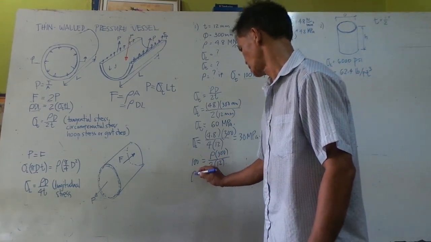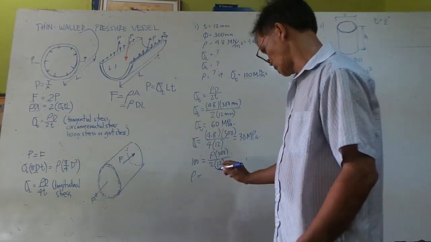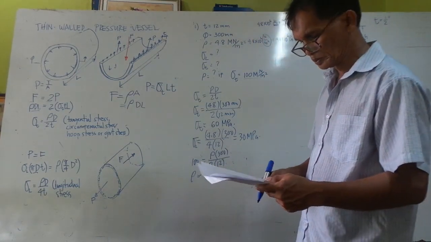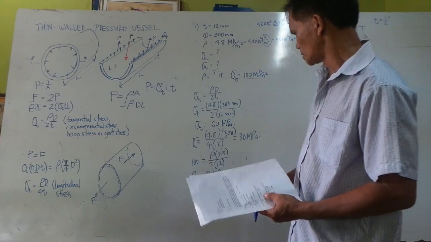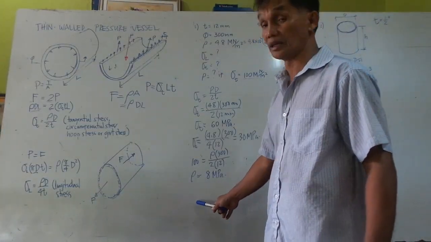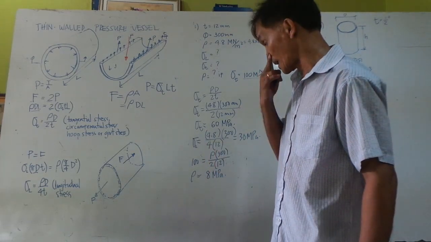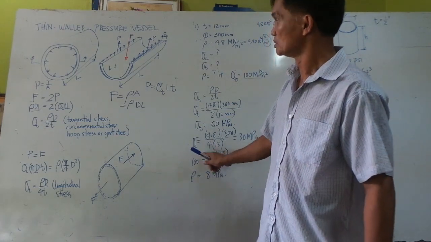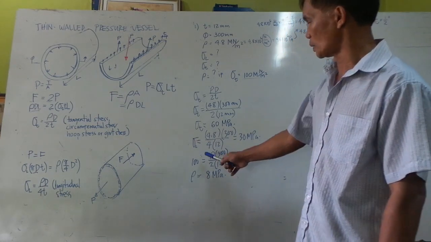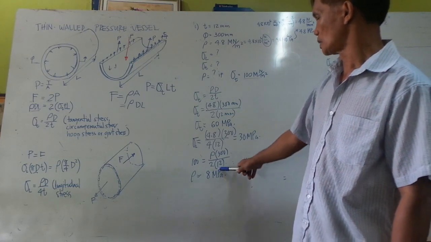So you have your unit pressure, which is equivalent to 8 megapascal. If you use the longitudinal formula, you can get 16 megapascal. So we will use the smaller one, since the tangential stress is the one that can withstand only up to 8. So this is what we will use.